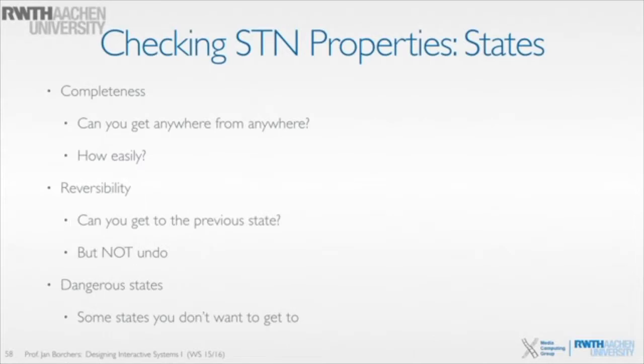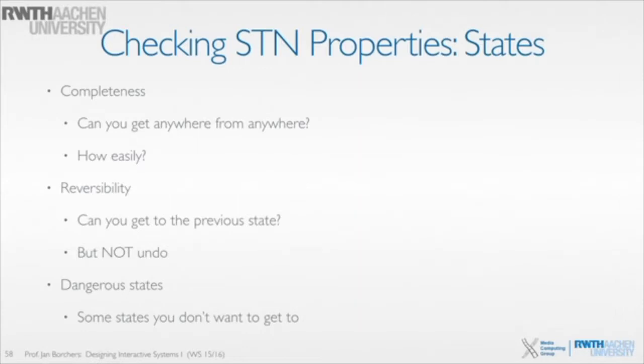STNs are great, though, because, and you know this because you're computer scientists, we've used automata to do other things with them, right? You can do all kinds of things with them. You can check, for example, for completeness. Can I get from any state to any other state? Which would be pretty useful if it's a user interface, right?